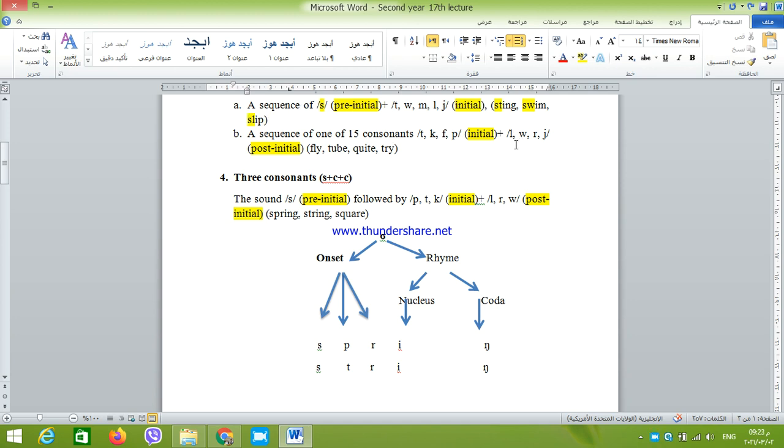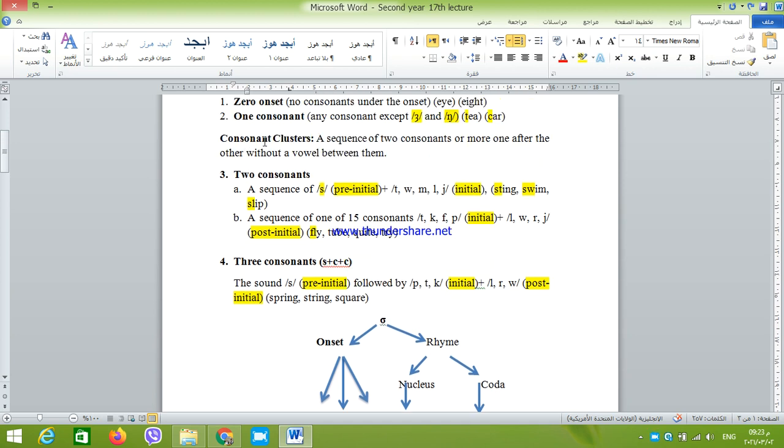After the initial, we have post-initial sounds, like l, w, r, and y. Fly, f-l, these two consonants represent a cluster of two consonants without any vowel between them. The first one is f, the second one is l. The f sound is initial, the l sound is post-initial.